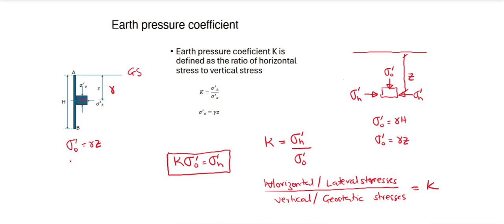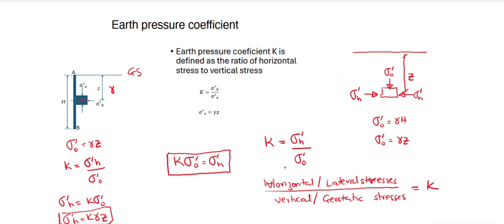And so in that case, my K is going to be the lateral stress divided by the vertical stress. And the lateral stress is equal to K times the vertical stress. But we also know that the vertical stress is gamma Z. So this equation is important. Let's take note of that.